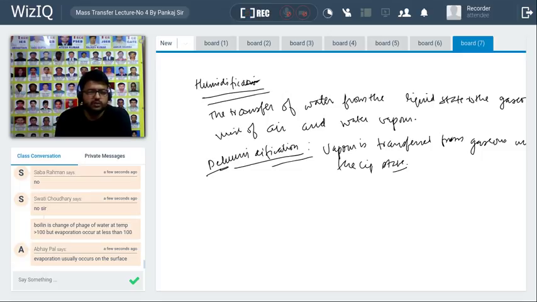Swati, you're wrong. No. It can occur at 100 degrees centigrade for water at 1 atmospheric conditions. It can occur below 100 degrees centigrade at vacuum conditions. It can occur greater than 100 degrees centigrade at higher pressures. Think about it. There are some differences. Yeah, the evaporation occurs on the surface. Anything else?